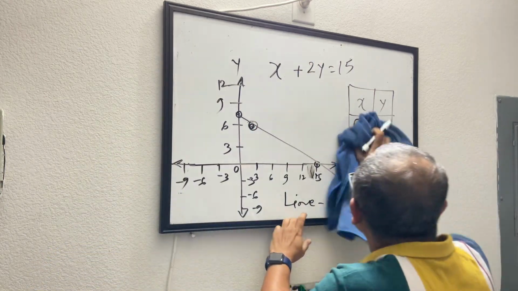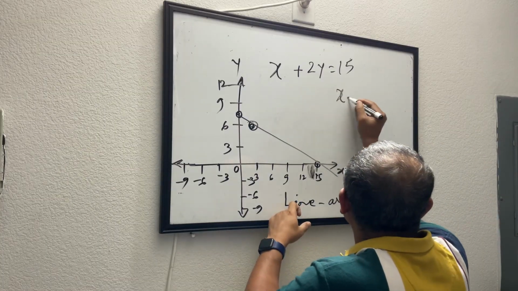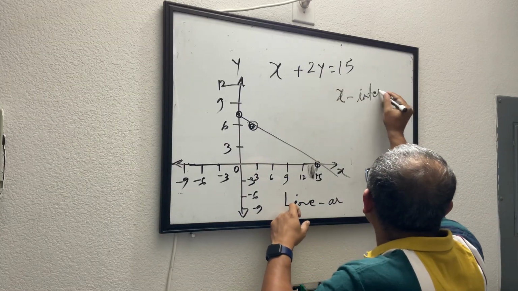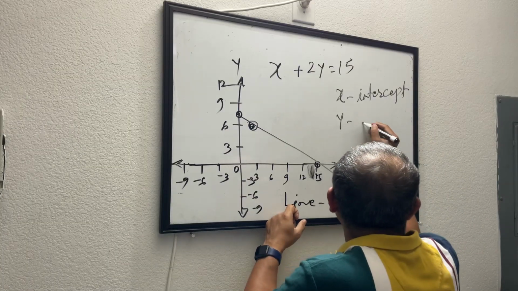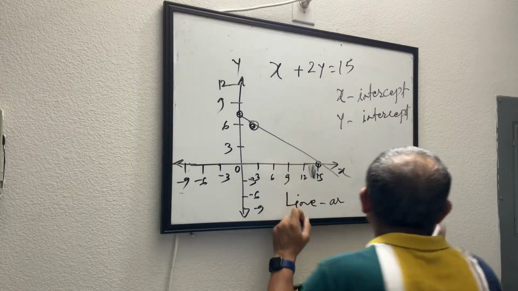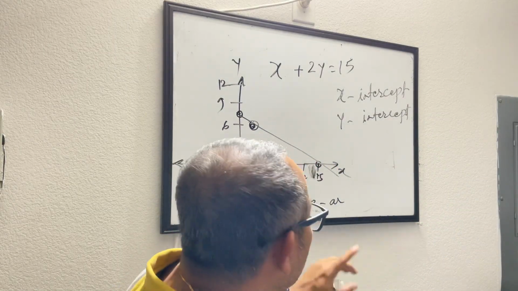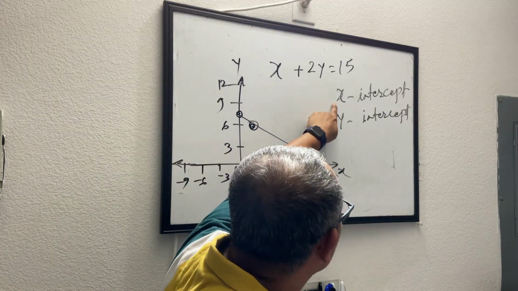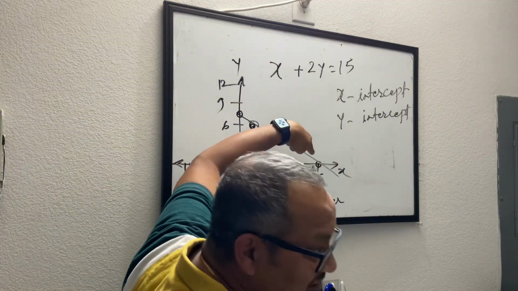I said x-intercept. What is x-intercept of a line or equation? Or what is y-intercept? I don't need any intelligence for this one. X-intercept of a line, meaning where this line intercepts the x-axis.